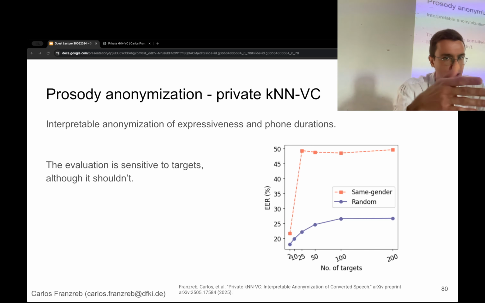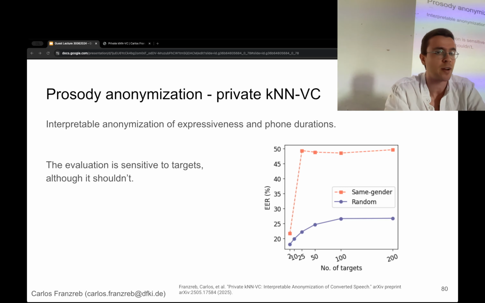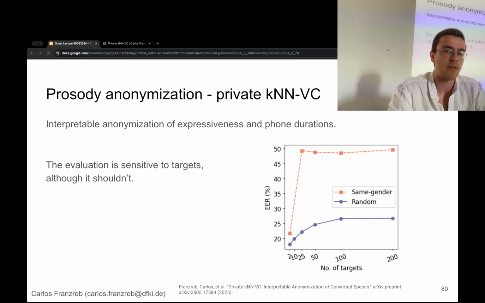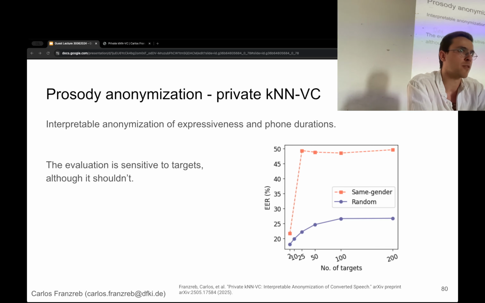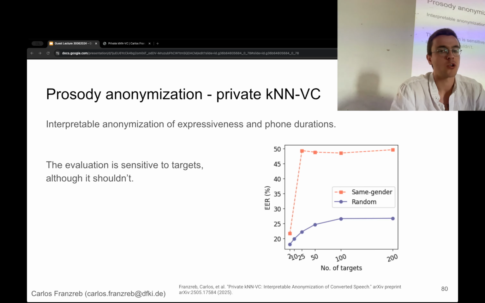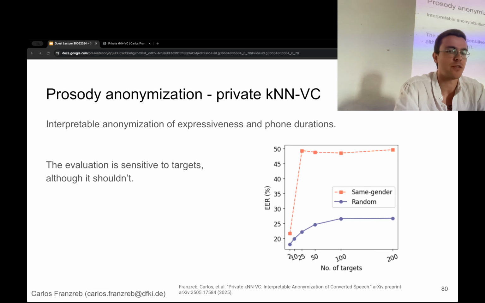So for a certain configuration, a strong one with respect to privacy of the system, changing the target selection algorithm from completely random to considering gender, to preserving gender, delivers completely different results. And also in the way we don't expect it to, right?